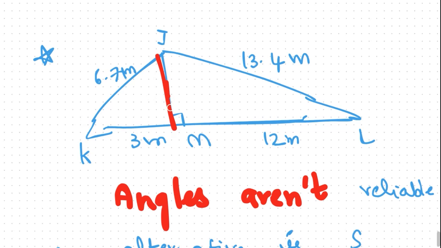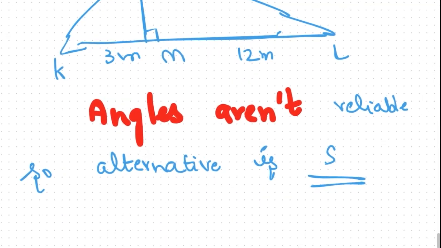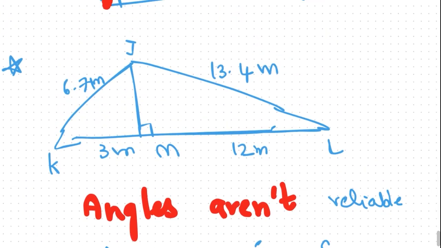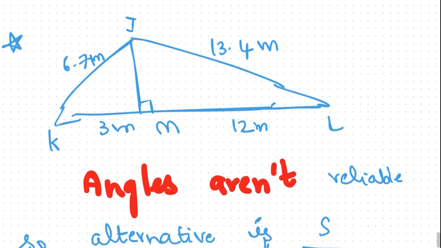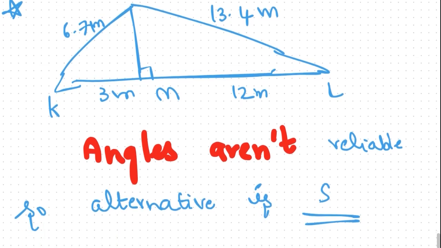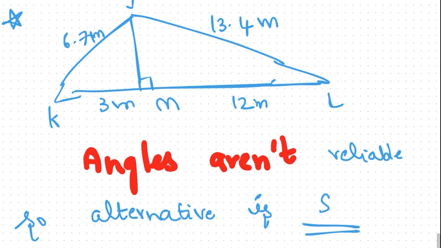And the third side is same. So all the sides are not following a ratio, so we cannot just directly tell that they are similar.